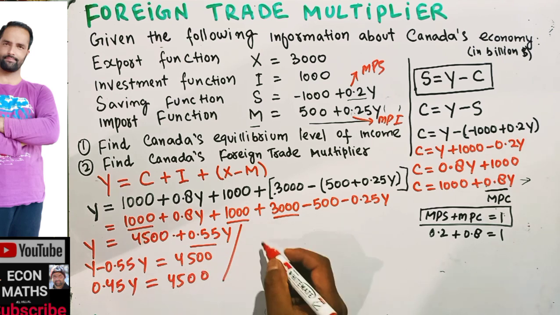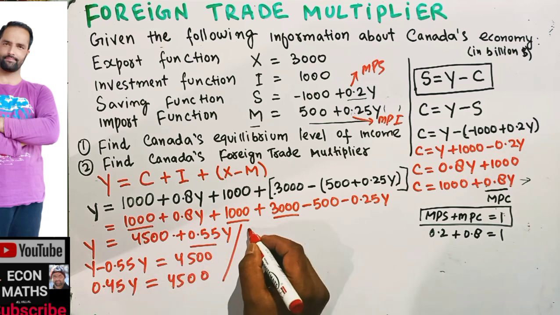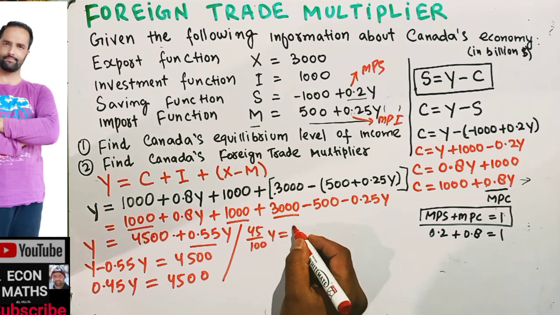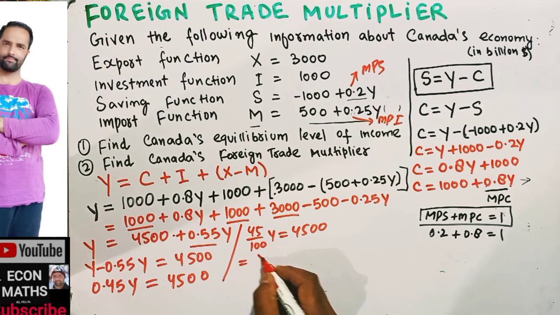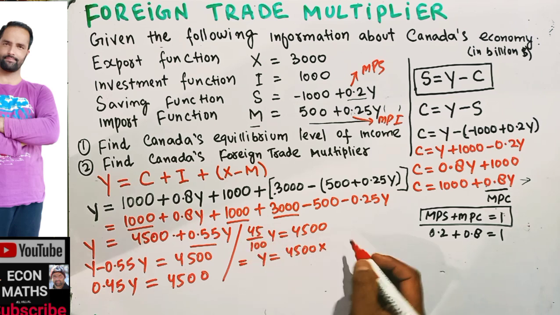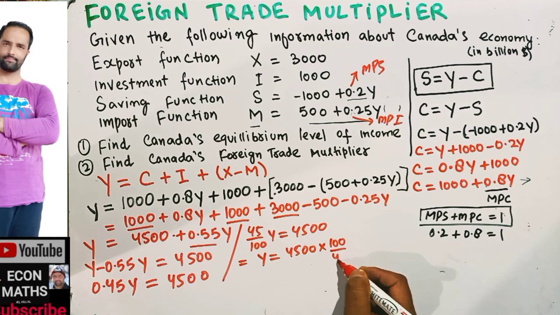So 0.45y can be written as 45 upon 100. So 45 upon 100 y is equal to 4500. Y will be equal to 4500 into, if I transpose this, it will get reciprocated and multiplied. So we have 100 upon 45.